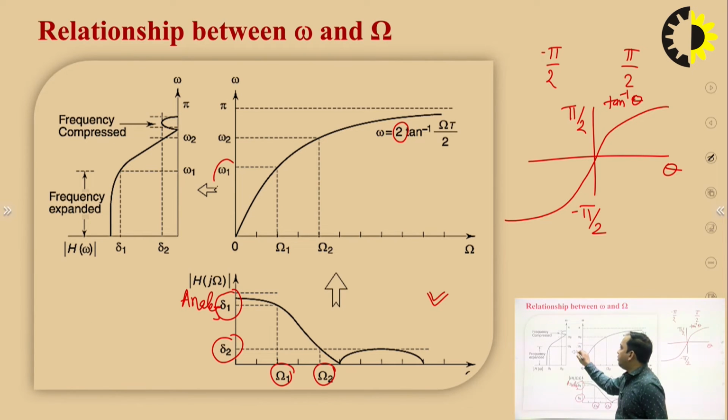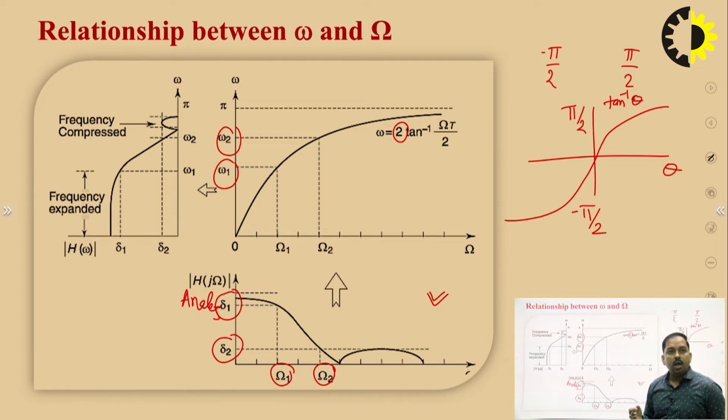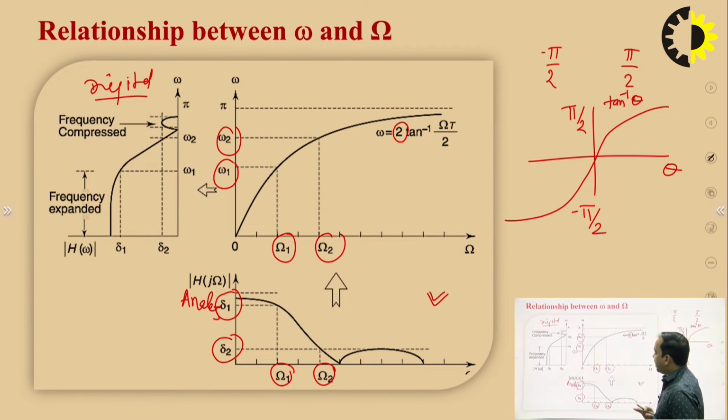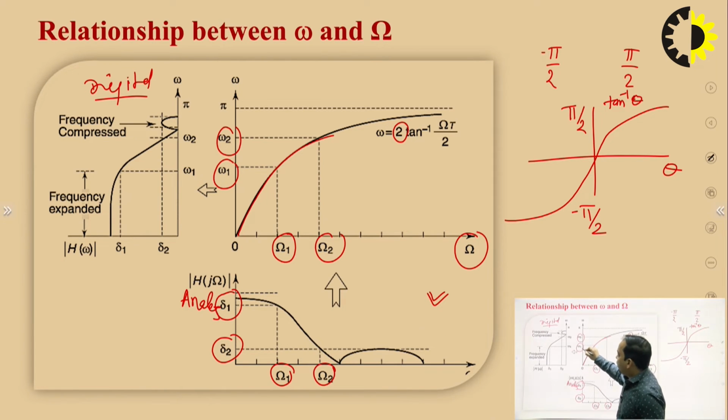The digital frequencies omega 1 and omega 2 correspond to their analog counterparts Ω1 and Ω2, which I have marked. Now we want to transform our analog filter, with the help of this frequency relationship, into a digital filter frequency response. In this low range of frequency, when Ω is low, the variation is large, and accordingly this is omega 1 and this is omega 2.